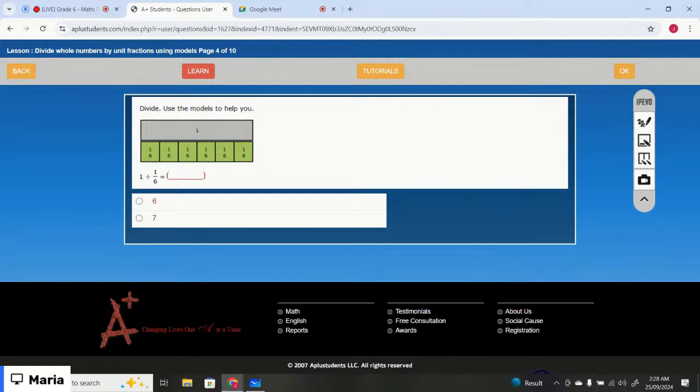Divide, use the models to help you. 1 divided by 1 by 6 equals.